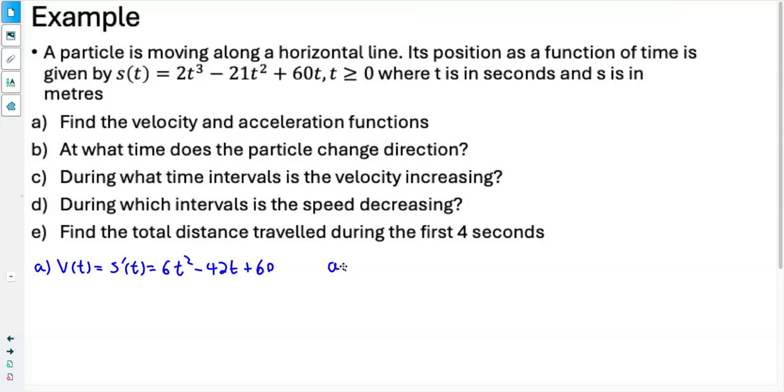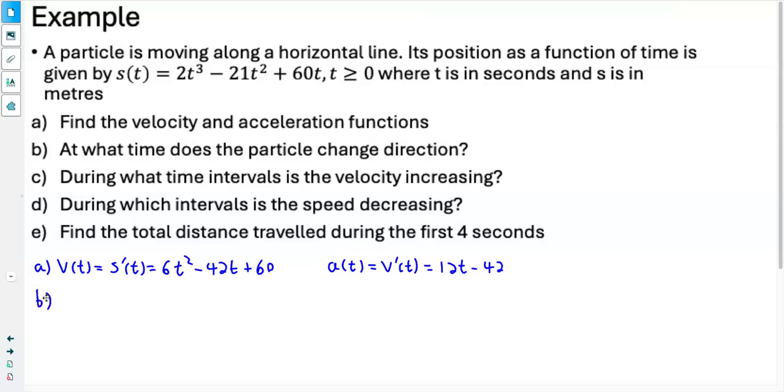Now we know our acceleration a(t) is equal to the derivative of our velocity v(t). So that would be 12t minus 42. Okay, so that's part A.